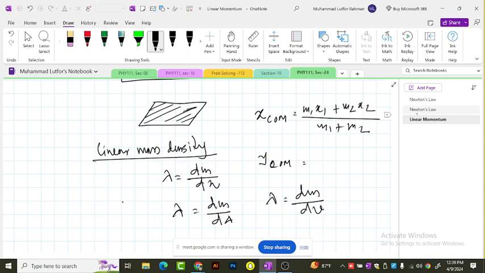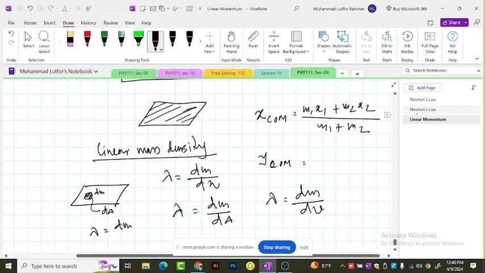Why am I saying that? Let's say I have this sheet of paper. If I choose a small region of that sheet that has a mass dm and its area is dA, and I take the ratio dm over dA, it should be the same as the total mass divided by the total area for a homogeneous mass distribution, right?